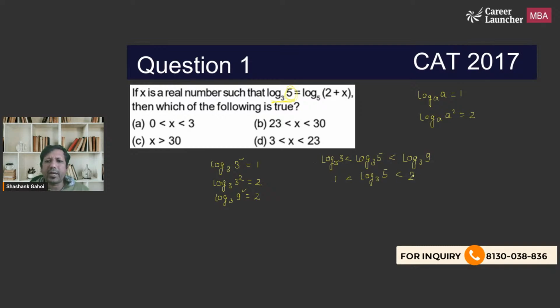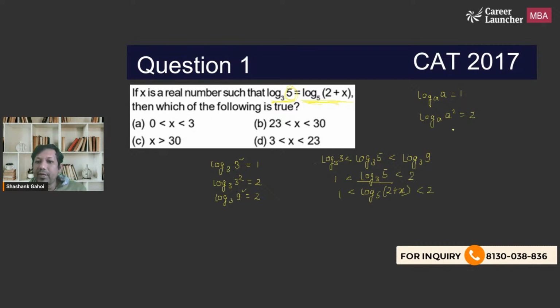This is what I can get from here. Now, what is the question talking about? The question is talking about log base 5 of (2 plus x), and this value is equal to log base 3 of 5. So log base 5 of (2 plus x) is greater than 1 and less than 2.